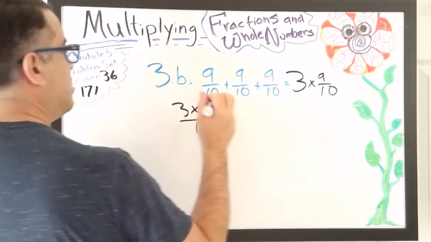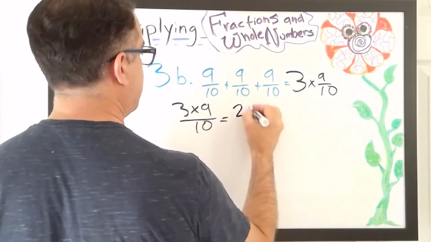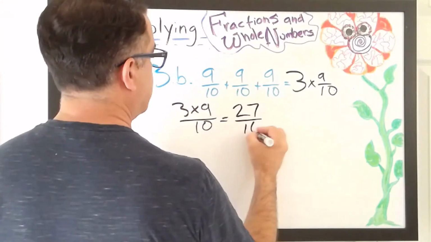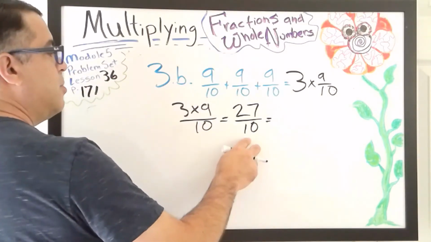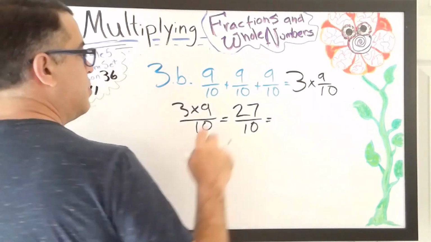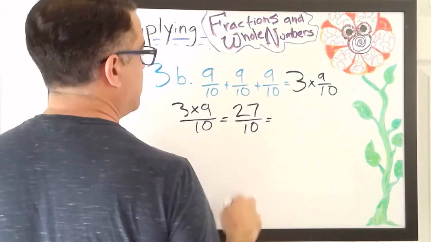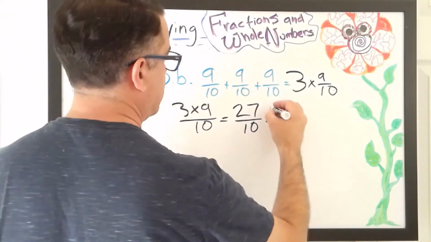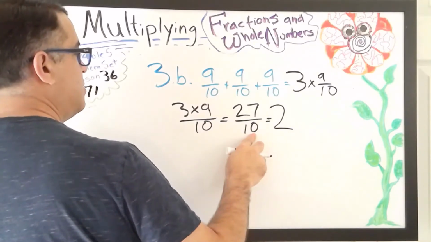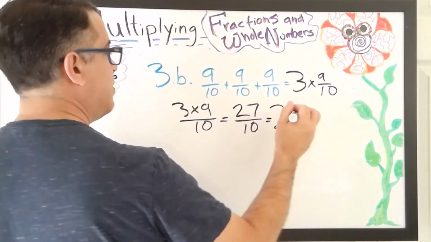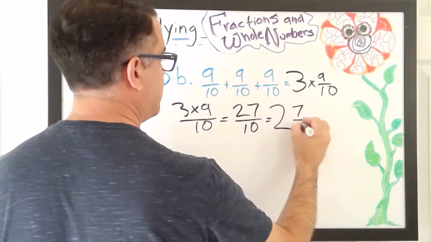So 3 times 9 is 27 over 10. Now we go to a mixed number. How many sets of 10 are there in 27? Well, 27 divided by 10 gives you 2 to start off with. There's at least 2 groups of 10 over 10, and then there is 7 more left over, 7/10.